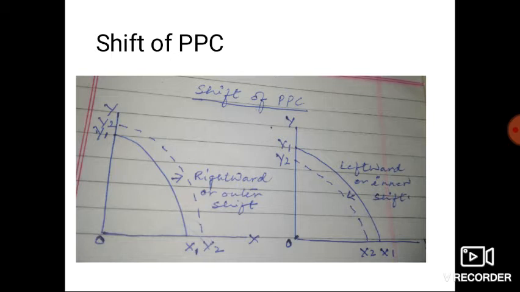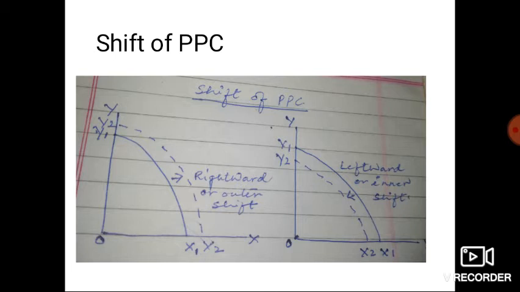As a result, the PPC shifts rightward, that is OX2 and OY2. It means the production of commodity X increases from OX1 to OX2, and production of Y commodity also increases from OY1 to OY2.